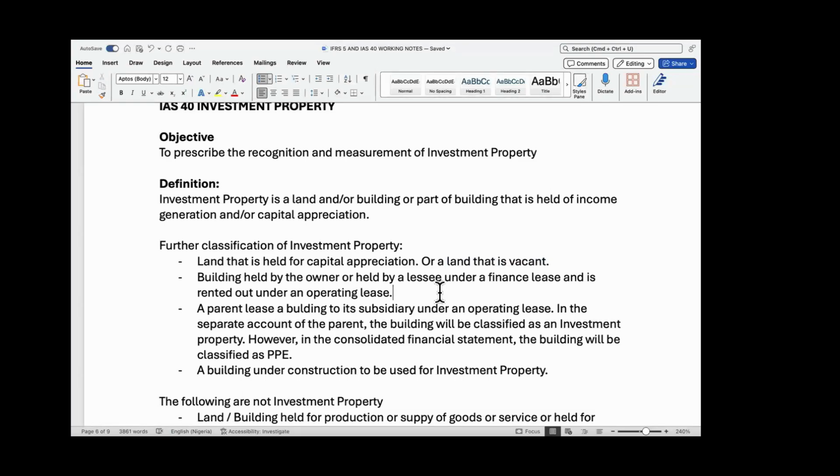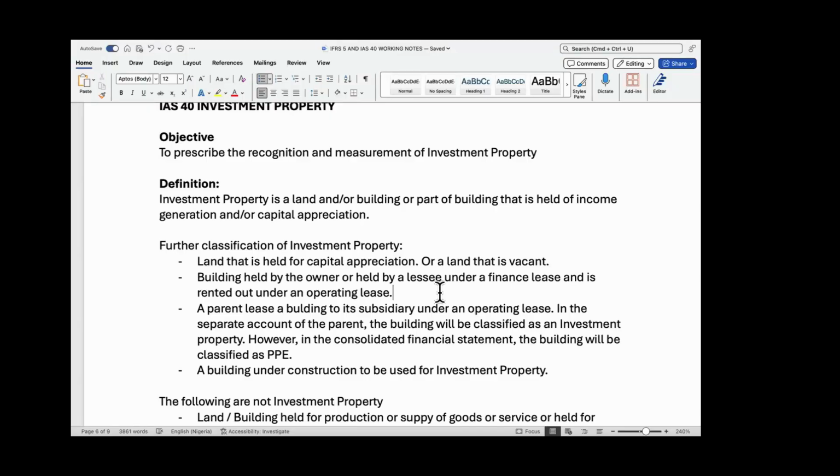Or you are a parent company and you decide to lease your building to a subsidiary under an operating lease. You see, in your own separate account as a parent, that building is an investment property, but in the group account, it cannot be an investment property because I already taught you that in consolidated accounts, you cannot generate income from members of the group. You cannot transact business between one another.